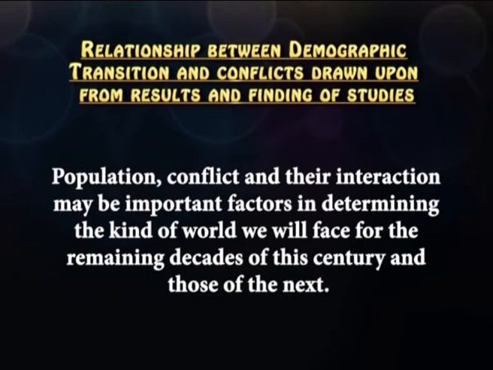Population, conflict and their interaction may be important factors in determining the kind of world we will face for the remaining decades of this century and those of the next. Conflict is a central feature of all political behavior at all levels of human interaction.